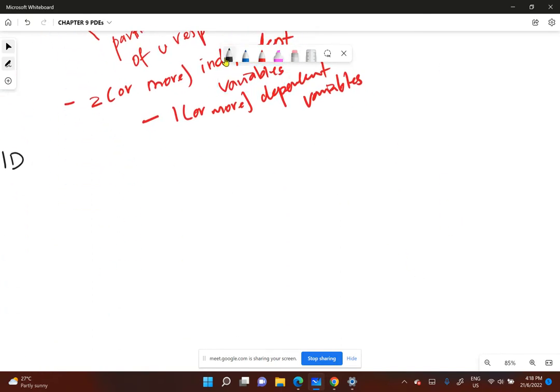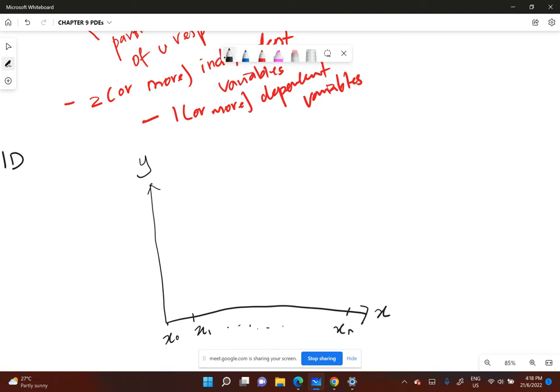So here we will have something like this. Here is x, and here is y. So here, maybe start from x0, x1, and so on until xn, and this one starts from y0, y1, y2, and so on until yn. And we will have to find the values in the middle, all the values here.